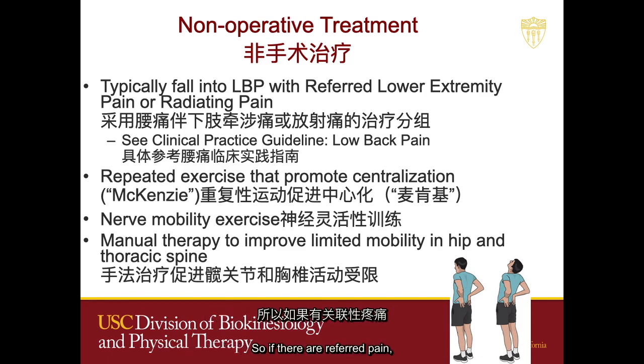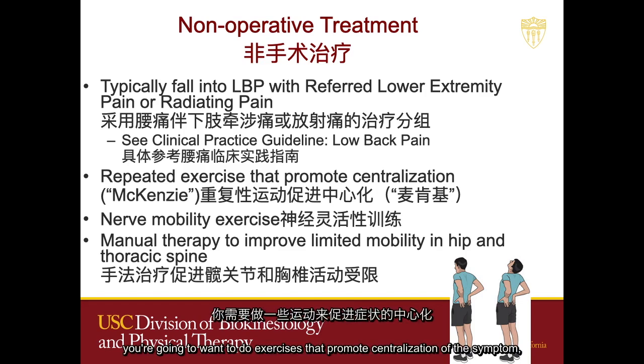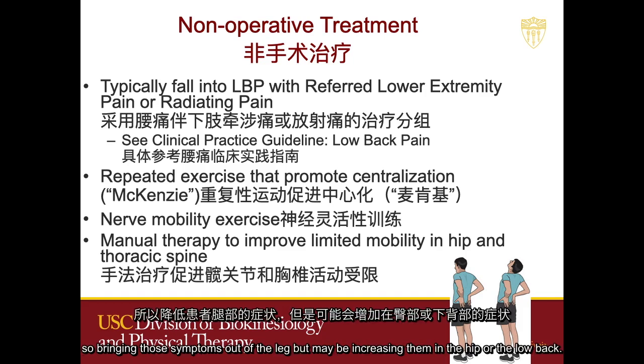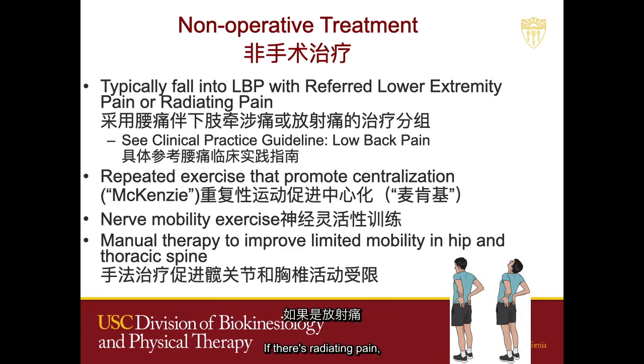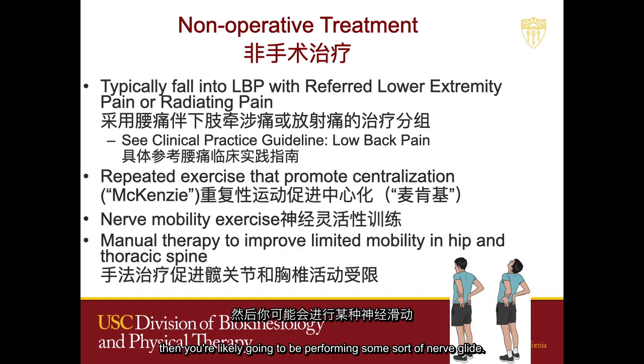So if they're referred pain, as I mentioned earlier, you're going to want to do exercises that promote centralization of the symptoms. So bringing those symptoms out of the leg, but maybe increasing them in the hip or the low back. And those are what we call McKenzie exercises, so that repeated movement. If there's radiating pain, then you're likely going to be performing some sort of nerve glide.